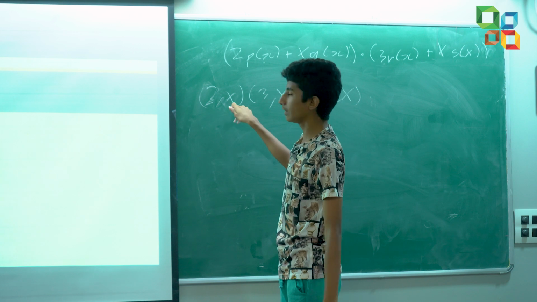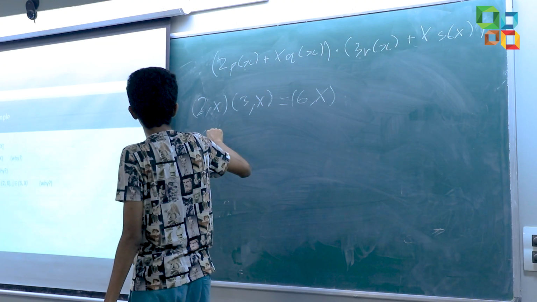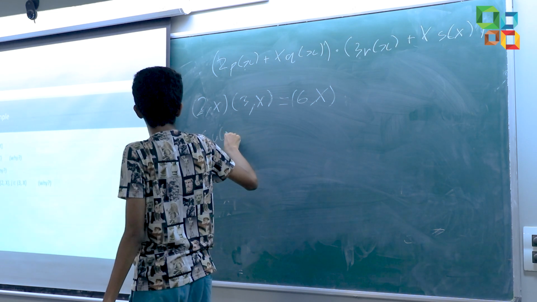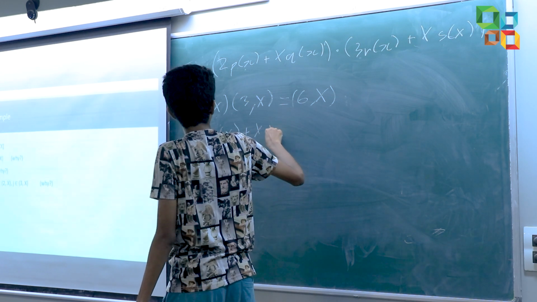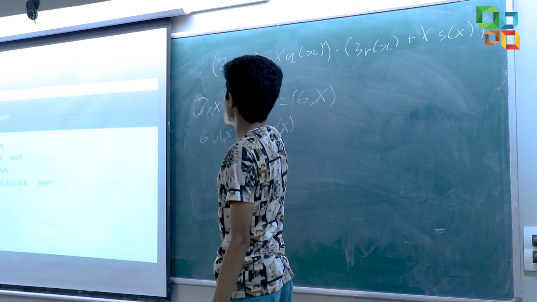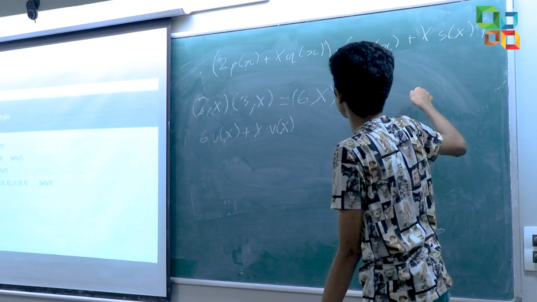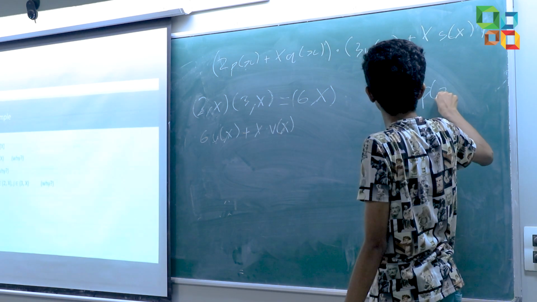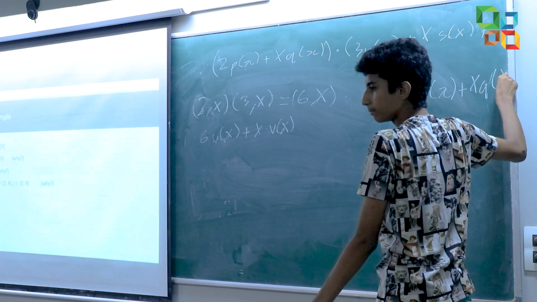When we multiply this out, we already saw that this is of the form 6 times some polynomial u(x) plus x times v(x). All elements of (6, x) are of the form 6p(x) plus x q(x), by the initial definition.